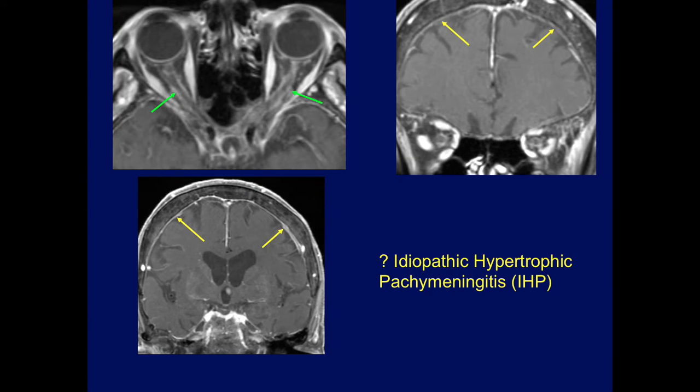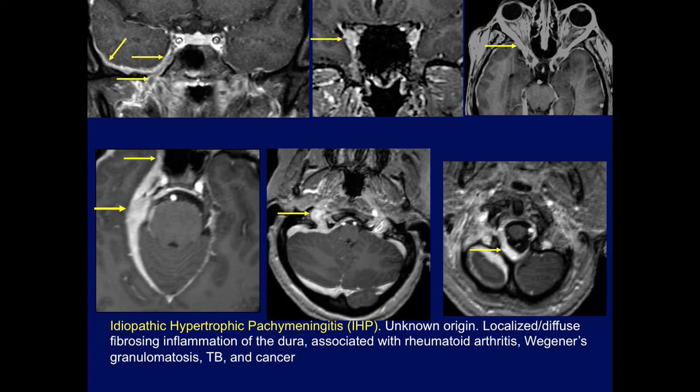So we are left with this possible diagnosis. Maybe this is idiopathic hypertrophic pachymeningitis, also known as IHP. And remember, I've shown in the past a case that had involvement within the posterior fossa of the dura, in the orbit, in the orbital apex, and also involving the dura.